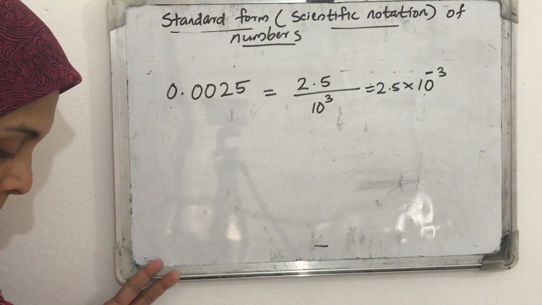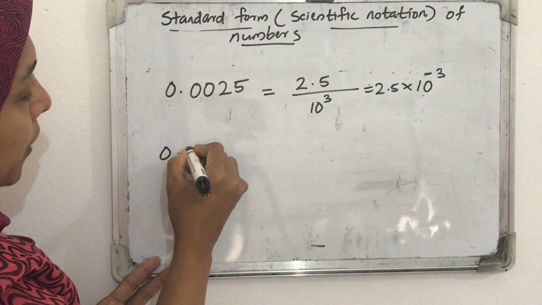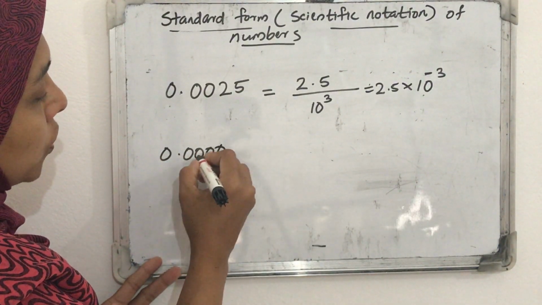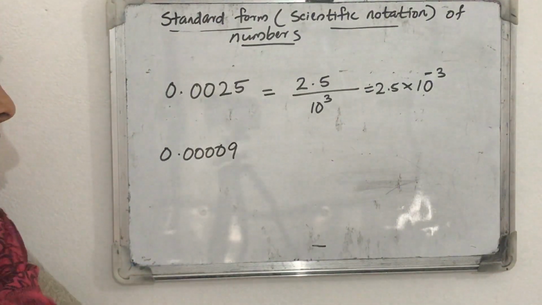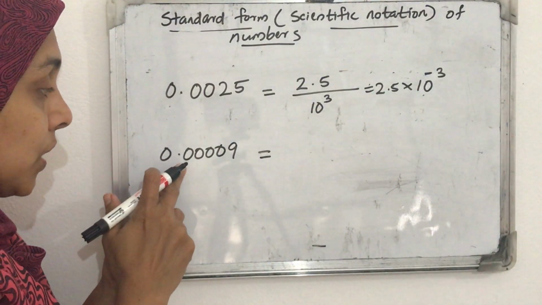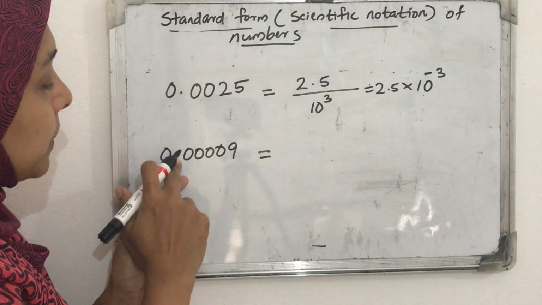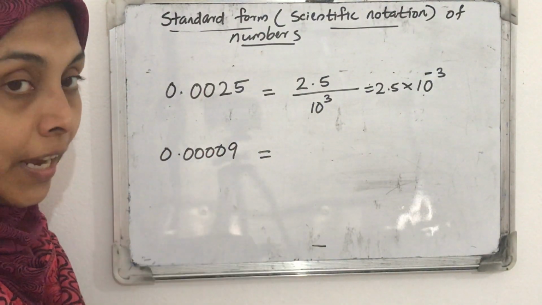Just like that, another small number, 0.000009. How can we express this number in scientific notation? In this case we are moving the decimal point to the right side, so the power should be negative.